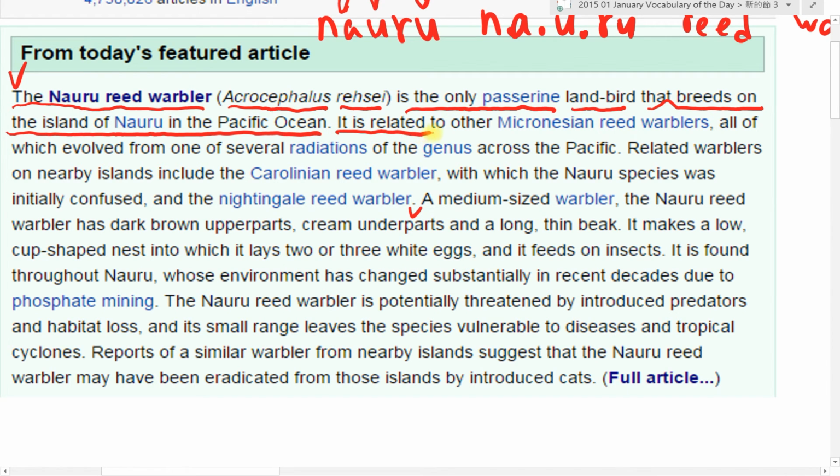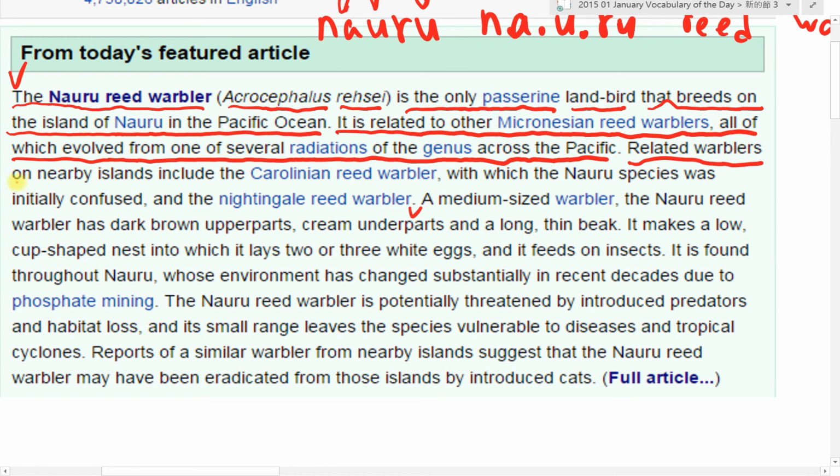It is related to other Micronesian reed warblers, all of which evolved from one of the several radiations of the genus across the Pacific. Relative warblers on nearby islands include the Carolinian reed warbler, with which the Nauru species was initially confused, and the nightingale reed warbler.